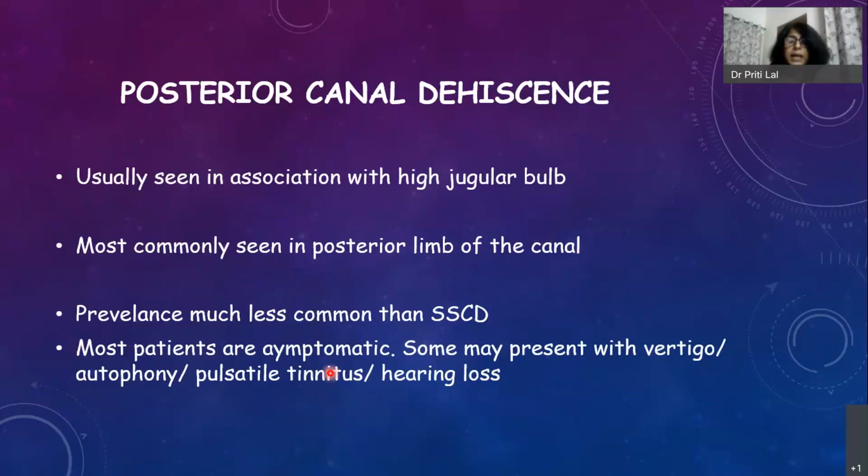Most of the patients are asymptomatic, and that could be the reason why there is underreporting of these cases vis-a-vis superior canal dehiscence patients. Some may, however, present with symptoms like vertigo, autophony, pulsatile tinnitus, or hearing loss.